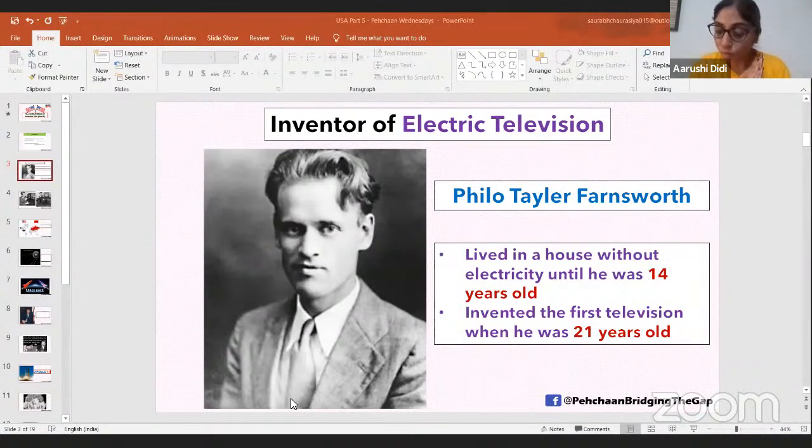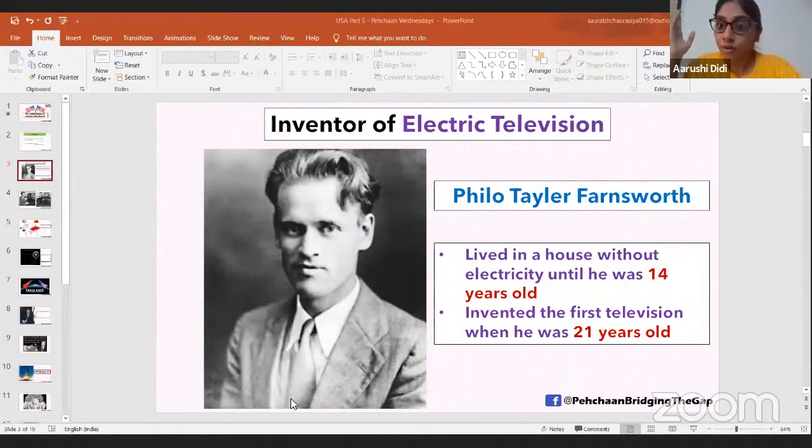So Philo was born in a house without electricity. For the first 14 years of his life until he was in SYJC, high school. They call it high school, we call it SYJC. Until he was in SYJC, he lived in a house without electricity. It's weird, right? And then he went on to invent electrical television.